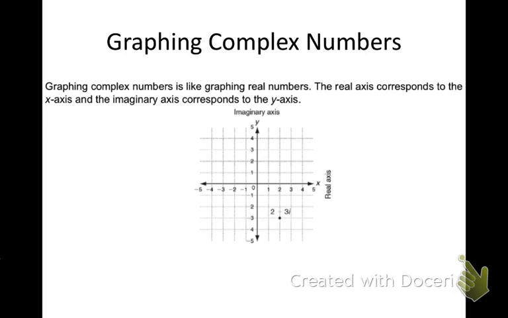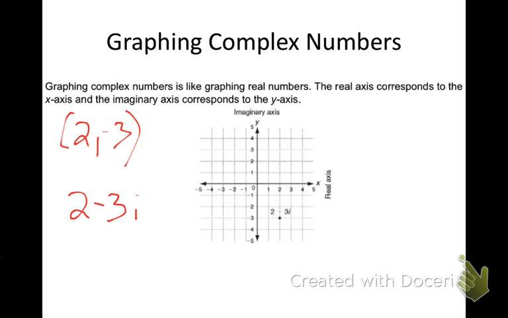So here's what this looks like here, this graphing of the complex numbers. We all know how to graph ordered pairs, right? So for instance, if I give you the ordered pair, let's say 2, -3. We all know to go right 2 on the x-axis, then down 3. We all agree with that, right? Today, now, they're going to give me a complex number. The complex number is 2 minus 3i.